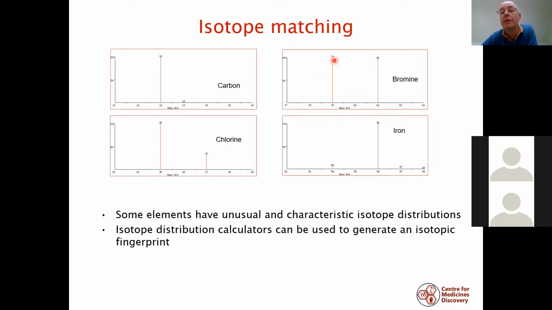And these two almost equal isotopes, 2 Daltons apart, is characteristic of bromine. This isotope envelope here is characteristic for chlorine, and there's another one here characteristic for iron. So some elements will have unusual characteristic isotope distributions, and we can use an isotope distribution calculator to generate an isotope fingerprint, and I'll give an example of that.